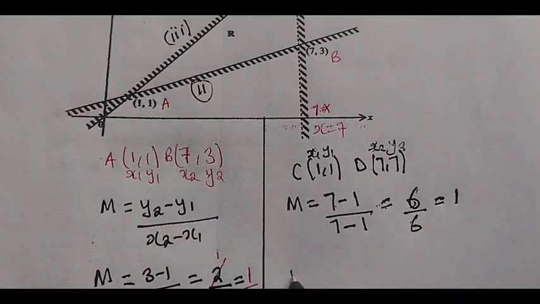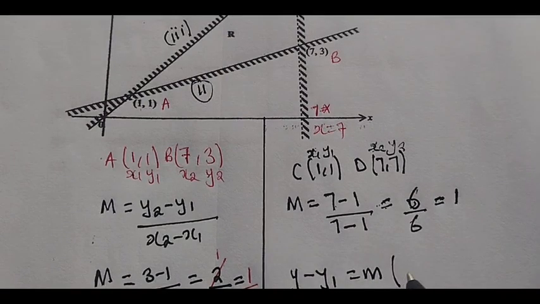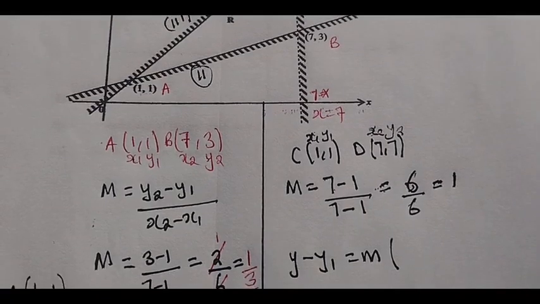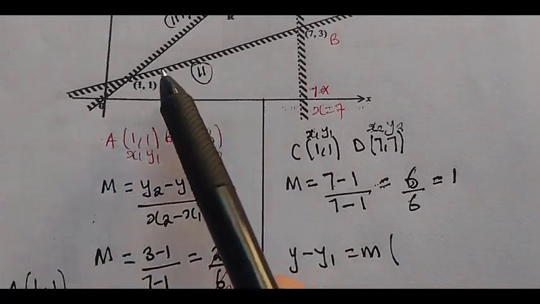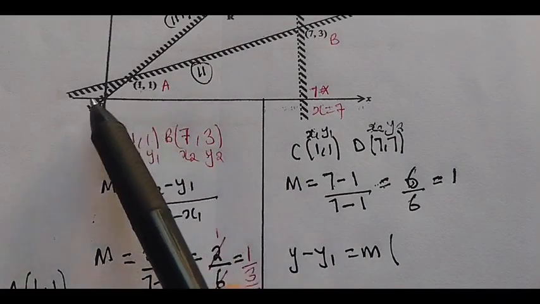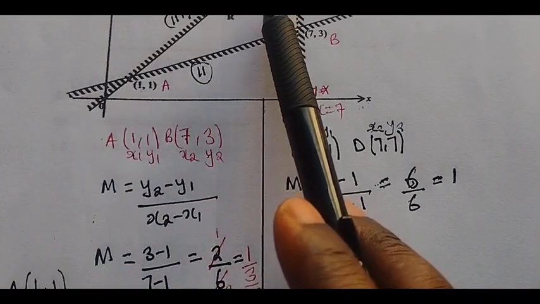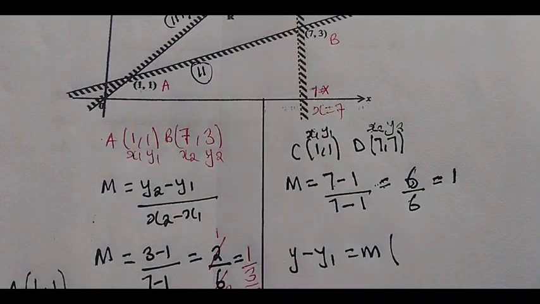So let us just say y minus y1 equal to m open bracket x minus x1 close. I know why I'm solving this. You can just go straight following one of the laws of the graph, which says this line is y equal to x. But I want us to solve just in case you come across a different line. You can be using this.